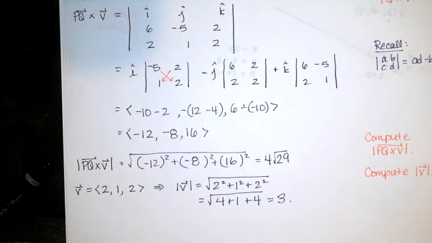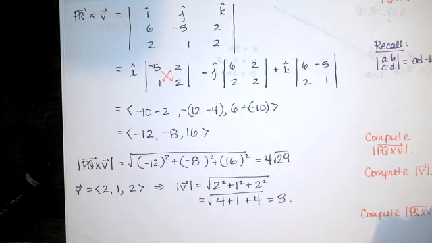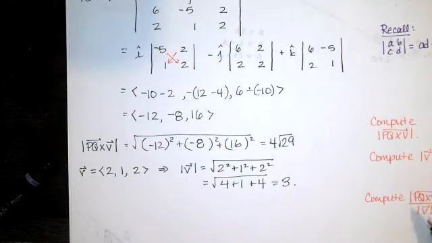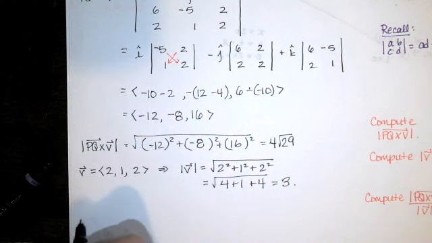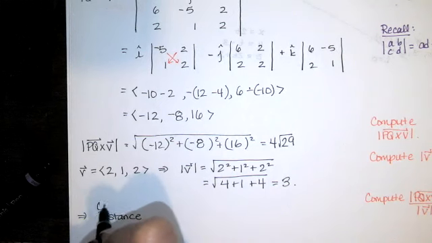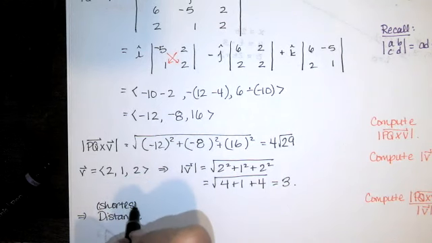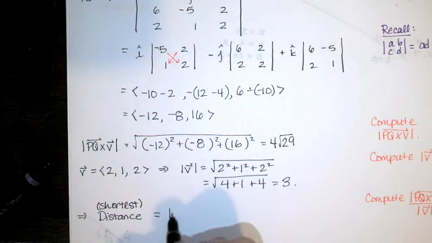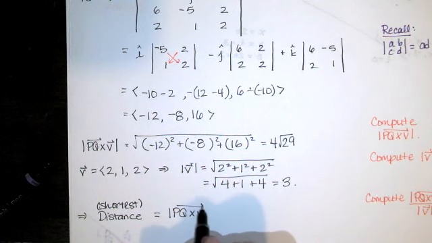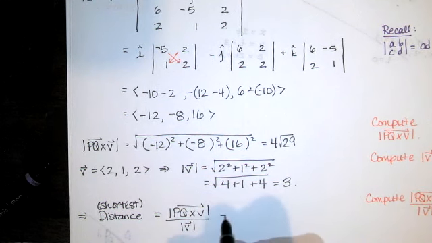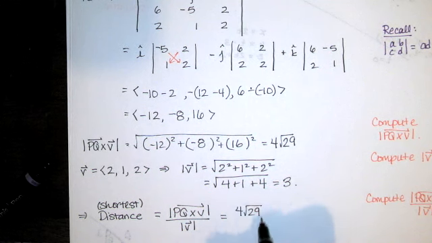All right. Final request is to take PQ, or the cross product of PQ and V, its magnitude, and divide by the magnitude of V. So the distance, the shortest distance between Q and our line, is this magnitude divided by that magnitude, which turns out to be this.